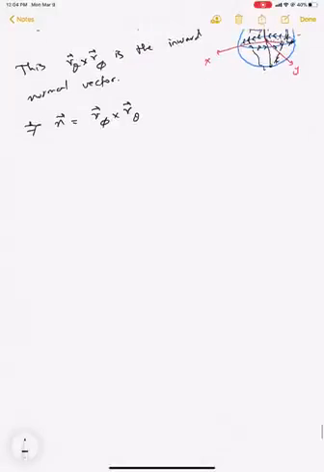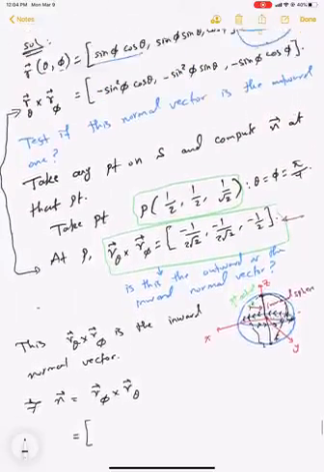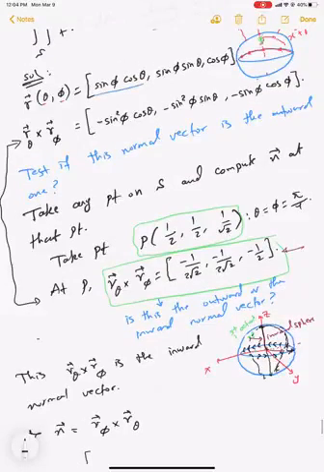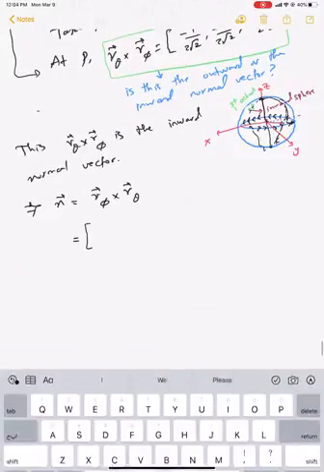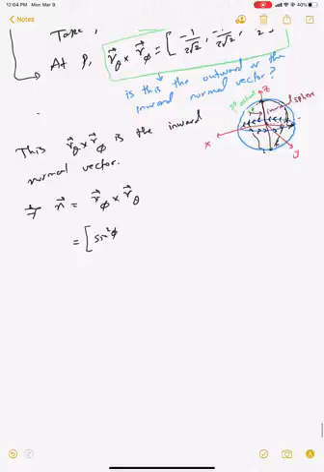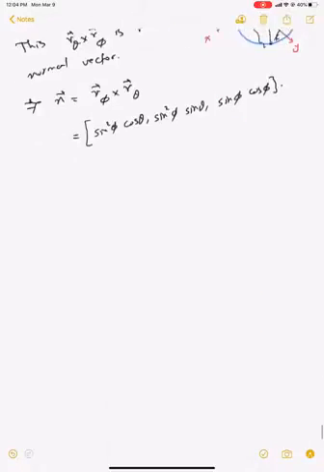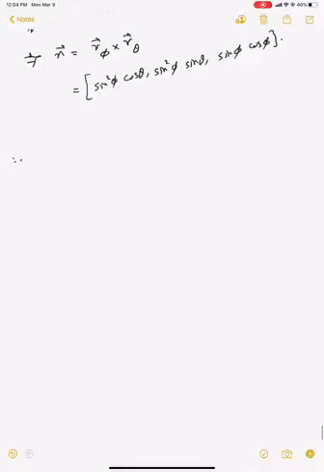So what is my normal vector? We just go back to this normal vector and multiply it with negative. So it will be sine squared phi cosine theta, sine squared phi sine theta, and sine phi cosine phi. And now we are ready to do the surface integral.